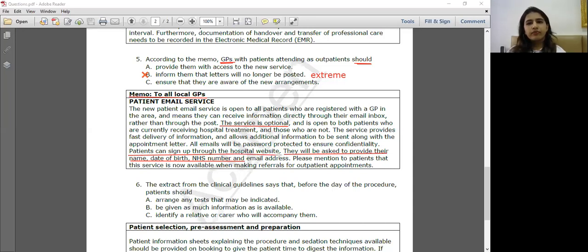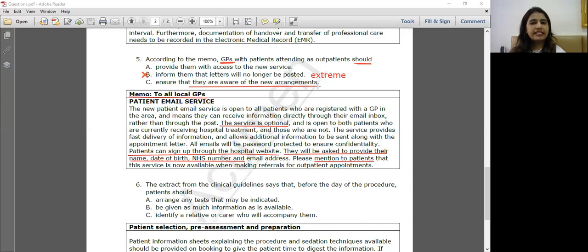So the GPs don't have to create the profile. It says, please mention to patients that. So what GPs have to do is provide them information. Yes, ensure that the patients are aware of the new arrangements.